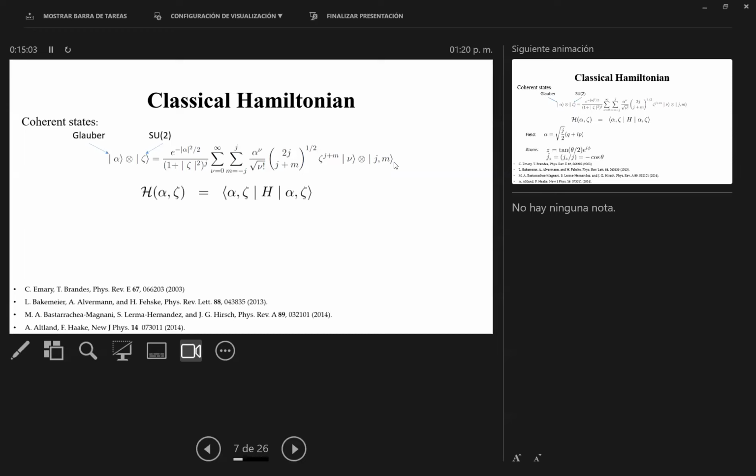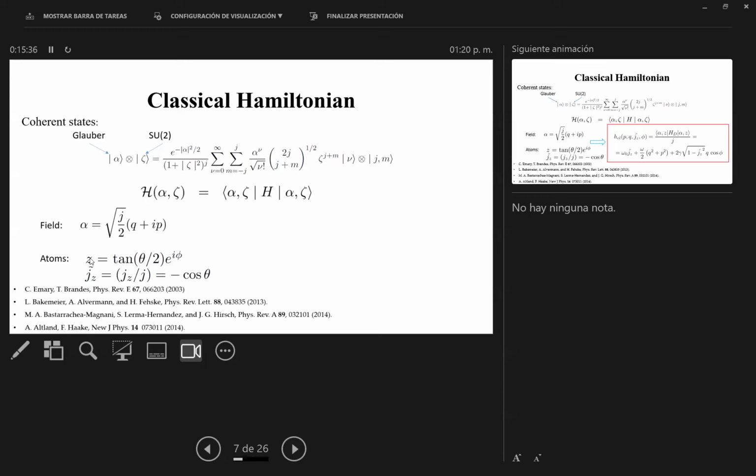But in our calculation, we will use these coherent states explicitly because we can describe this alpha and this zeta using complex numbers. These complex numbers are related directly with position and momentum in the classical phase space, where Q is the position and P is the momentum for the photonic part.